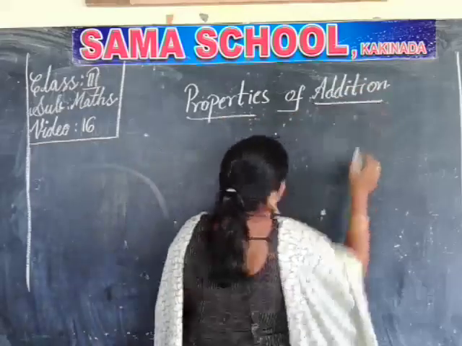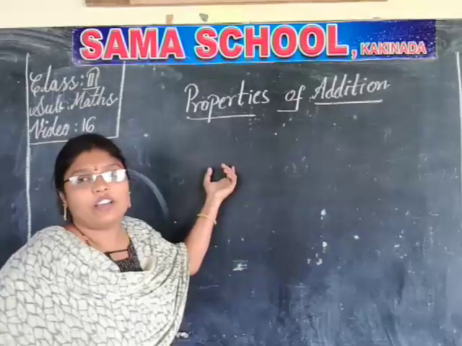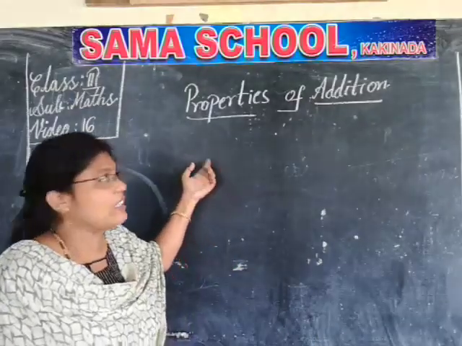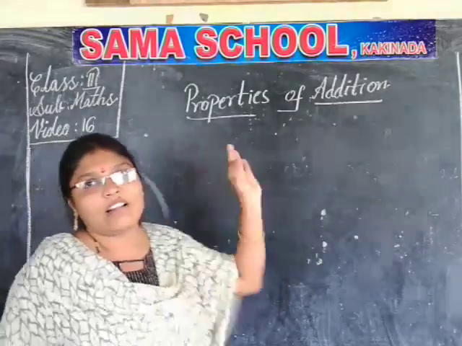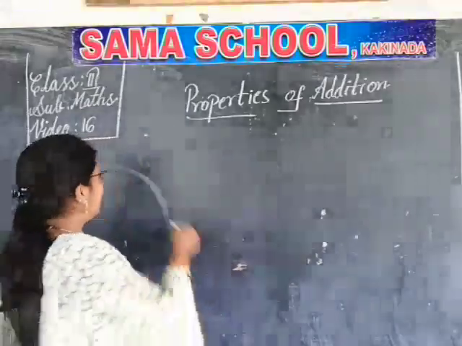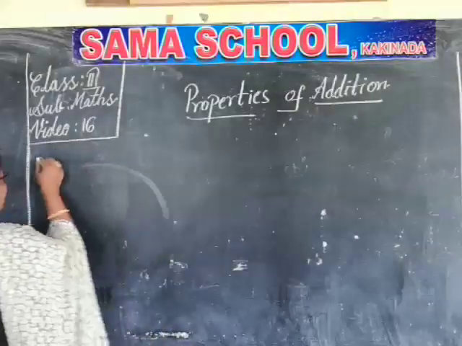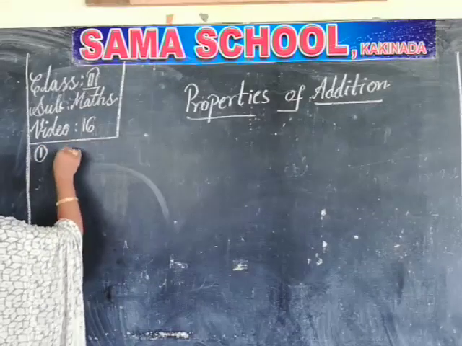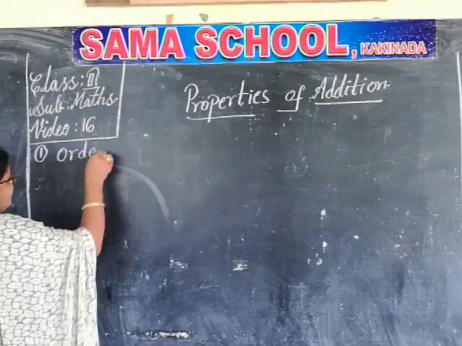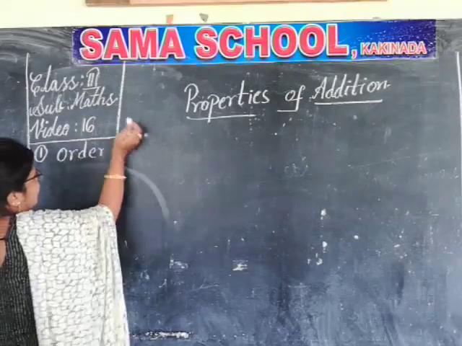How many properties are there in addition, children? Do you remember? There are three properties. What are the three properties of addition? First is the order property of addition.